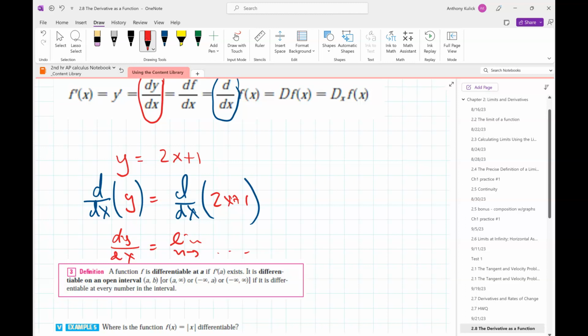The question should be in your head: why the heck do we have a million different notations for this? Big reason number one, calculus was discovered independently by two separate people in different countries. Isaac Newton in England, Gottfried Leibniz in what would become Germany; I think at the time there was no German state yet. They did their work independently, with two separate approaches and two separate notations. As things spread in the 18th century, communication was not instantaneous.